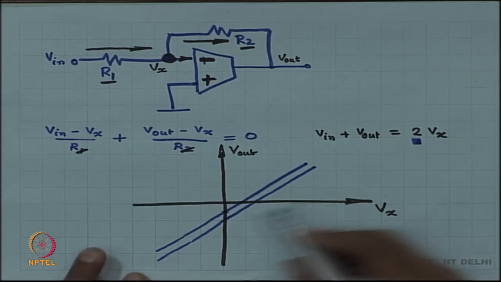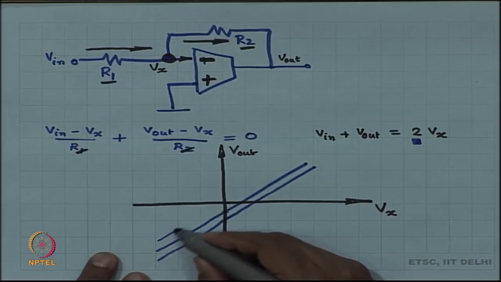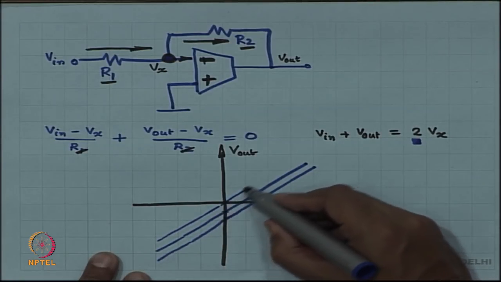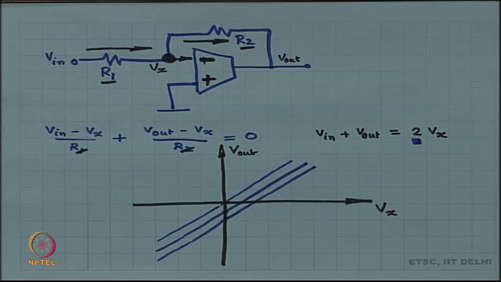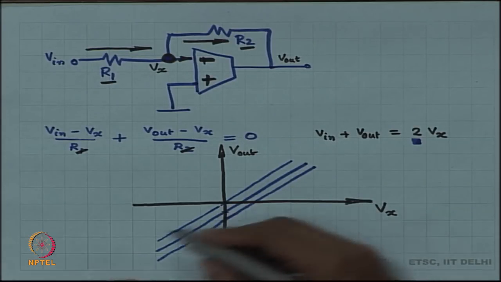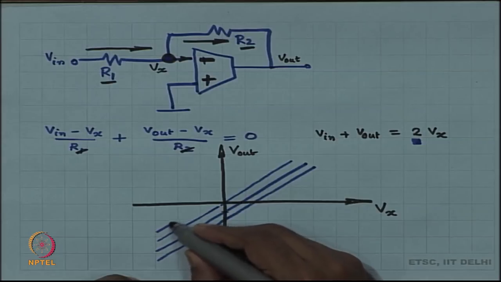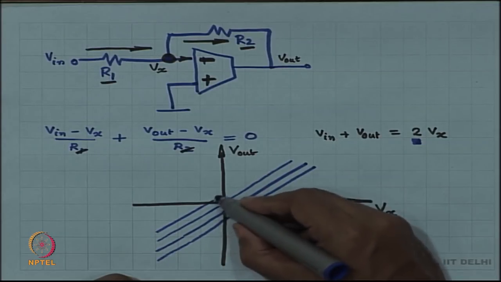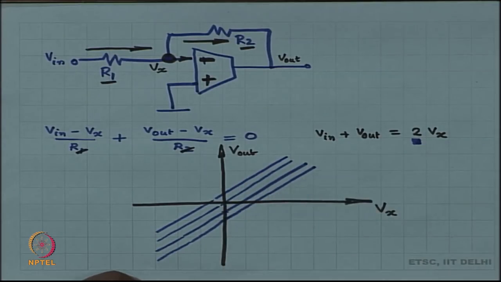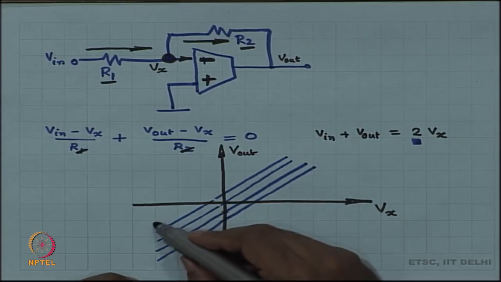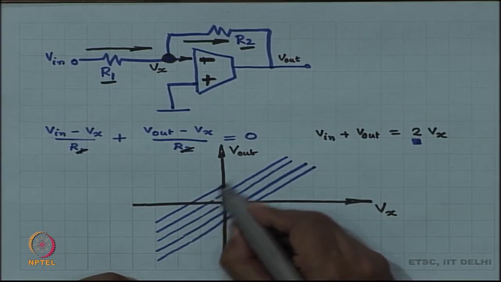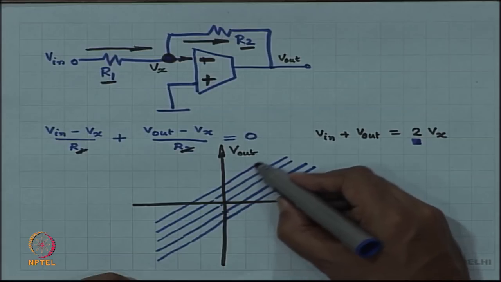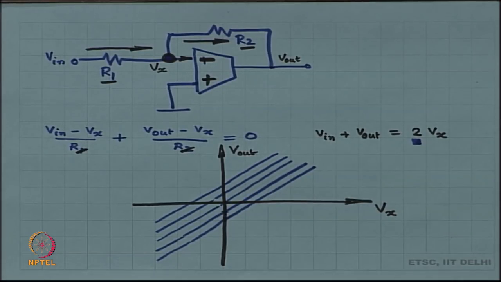If V in is 0, then this line is going to cut the y axis at 0. If V in is minus half, it is going to cut it at plus half. If V in is minus 1, then it is going to cut it at plus 1, so on and so forth.